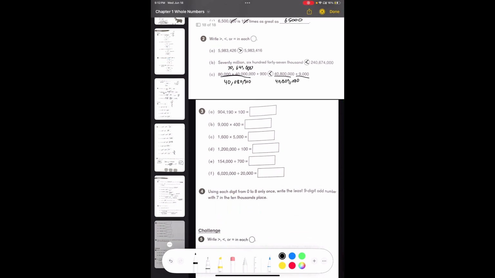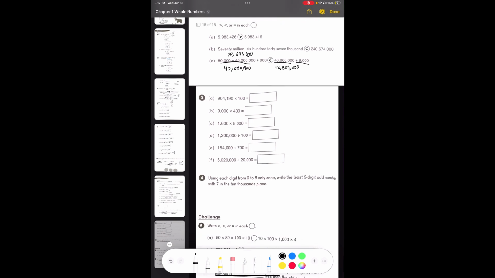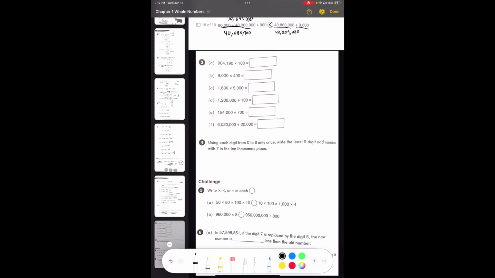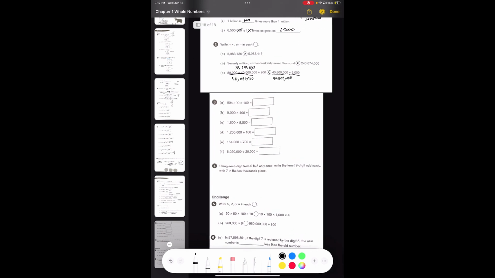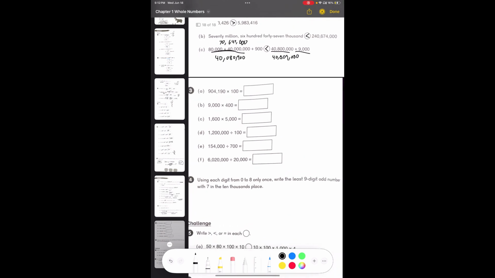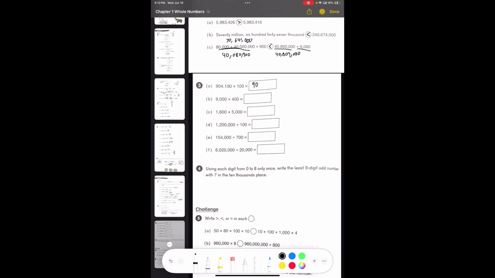And now we're moving on. This is the answer, by the way. And now we're moving on to question number 3. Once again, just do all parts. As a matter of fact, do the rest of this page, and I will catch up with you when I'm done.